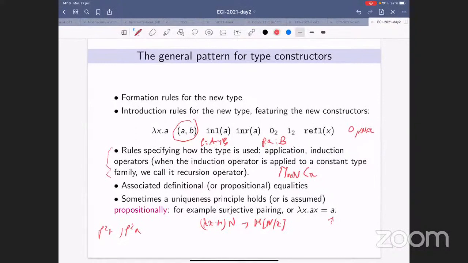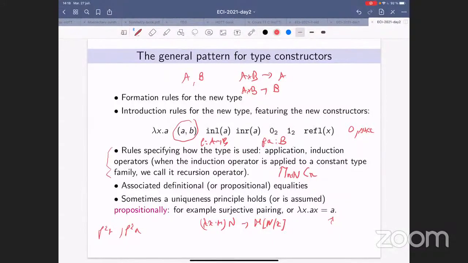You say that for any given objects, this is how you call types in category theory, for any objects A and B, you have an object that you call A times B together with projections from A times B to A and from A times B to B, such that some universal property holds, which I'm not going to do here.